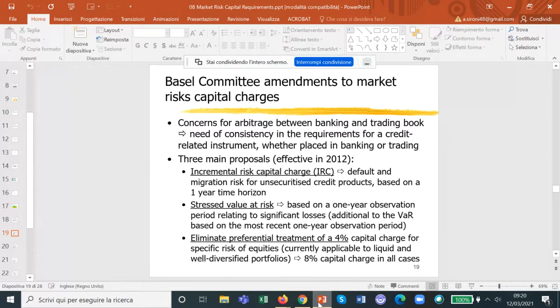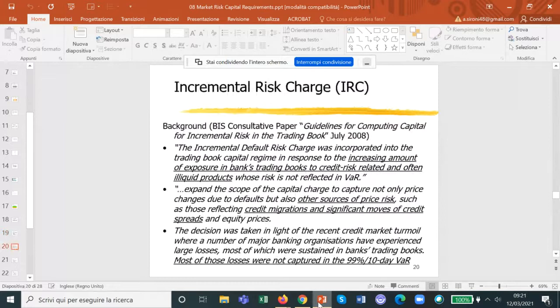And we'll see in a minute more details about that. And finally, this is less relevant. They eliminated the preferential treatment of 4% for specific risk of equities when you have liquid and well-diversified portfolios. I mean, it was all uniformed at 8%.